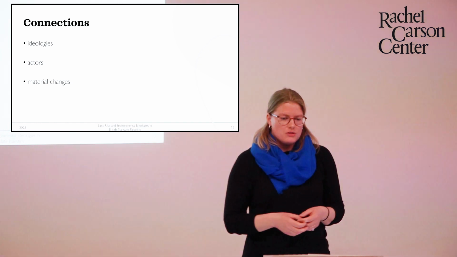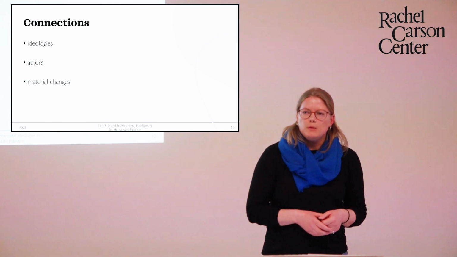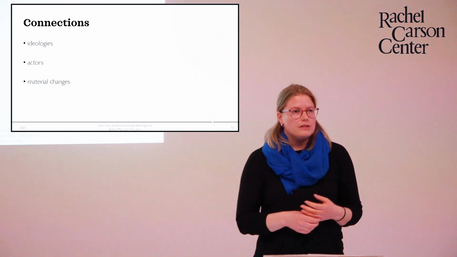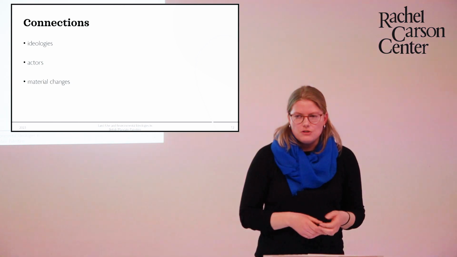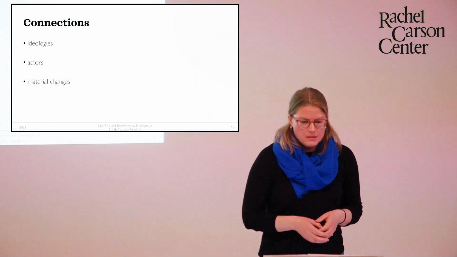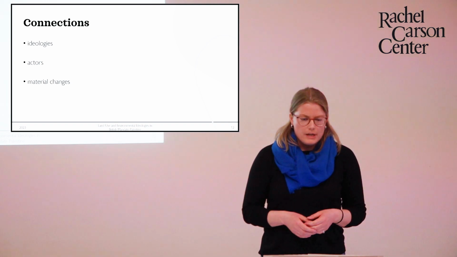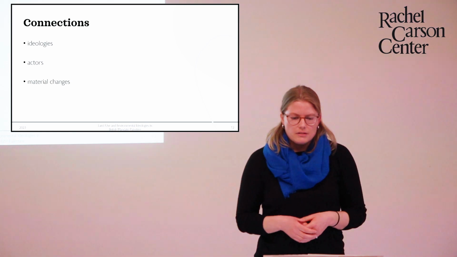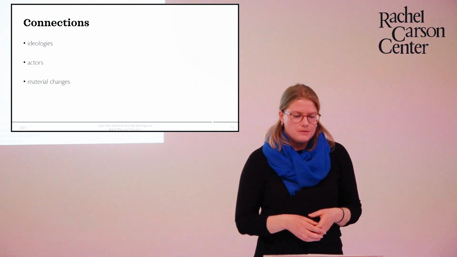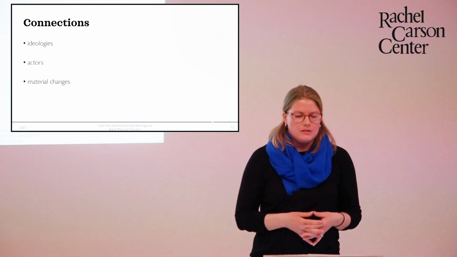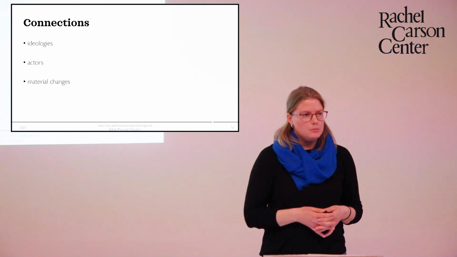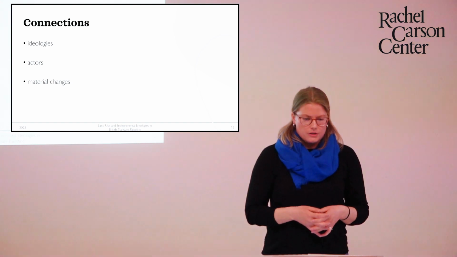And the material changes that are connecting the chapters are related to planting activities such as large-scale afforestation or the creation of the botanical garden, the demarcation of land and land expropriation, new infrastructures such as roads and port facilities, but also new institutions such as the Department of Botany at the Hebrew University and the Soil Conservation Board.